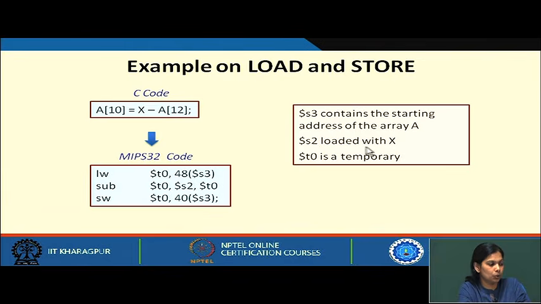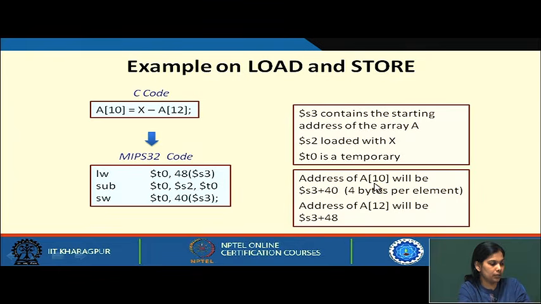S2 is loaded with x, and once we load this in T0, because in S3 we have the address added with 48, which will be loaded in T0, finally we subtract it and store it in T0, and this T0 is stored in this particular location.